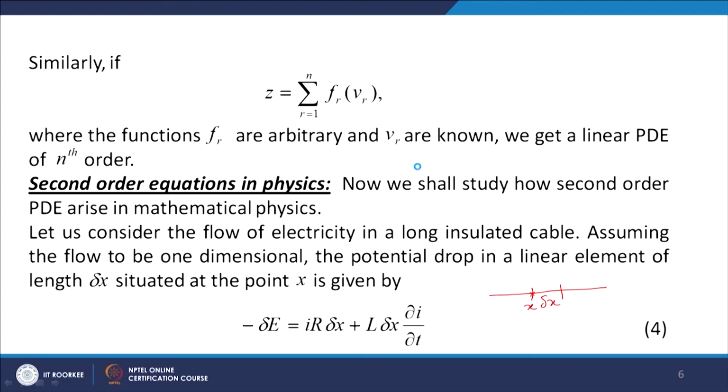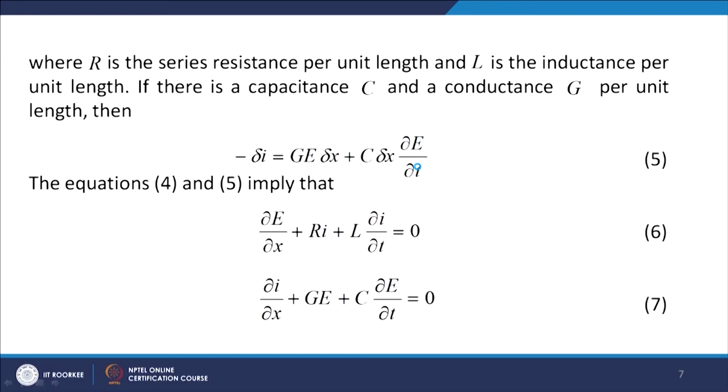And this equation also we divide by delta x and let delta t go to 0, so that delta x also goes to 0. So, we have delta I by delta x equal to G E plus C times delta E by delta t.